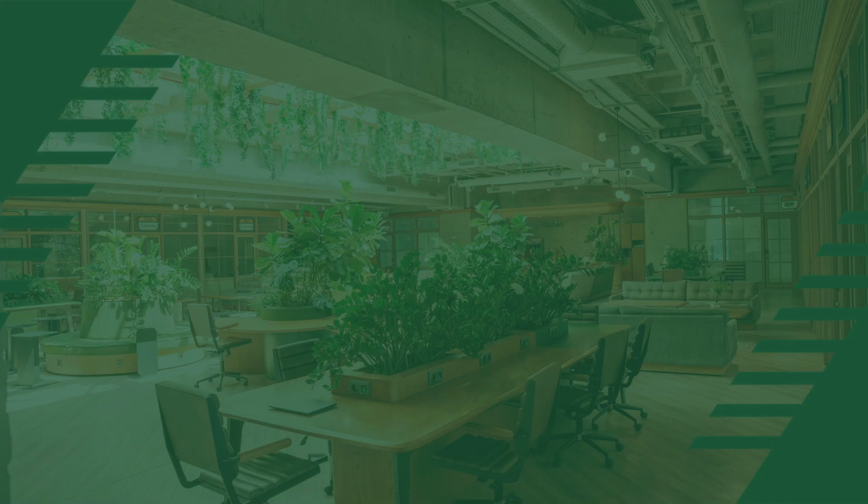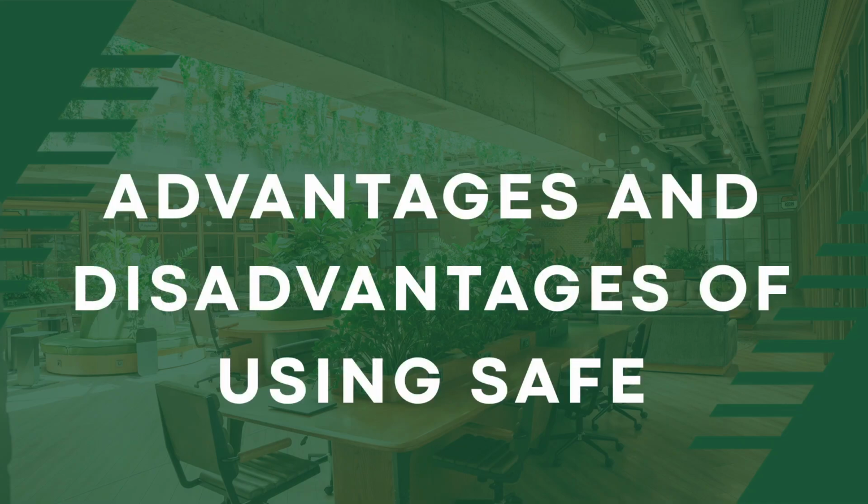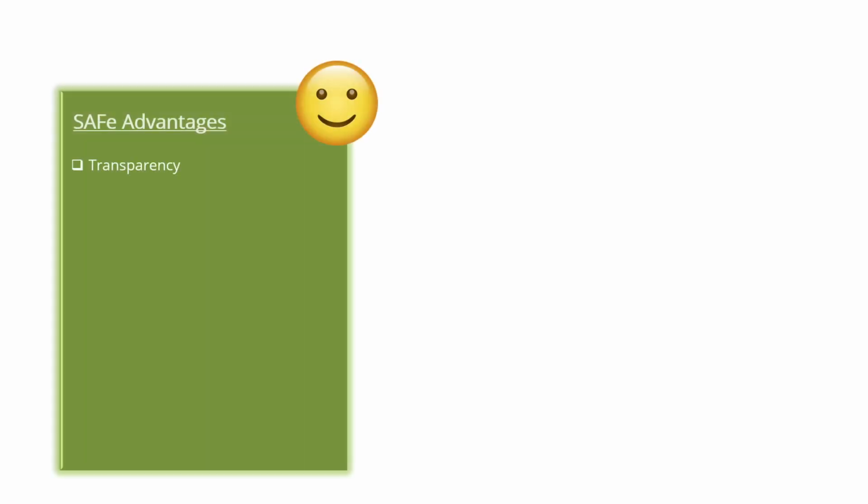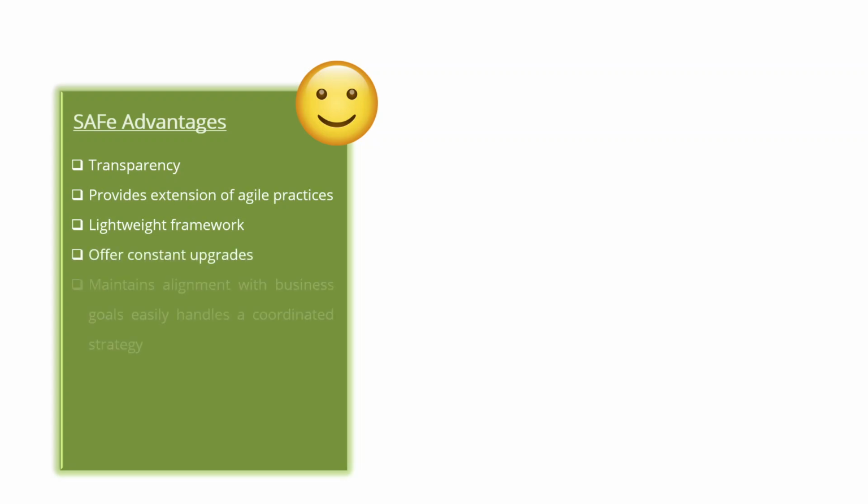So what are the advantages and disadvantages of using SAFe? In fact, the SAFe advantages are its transparency, it provides an extension of agile practices, it is a lightweight framework, it offers constant upgrades, it maintains alignment with business goals, and easily handles a coordinated strategy.